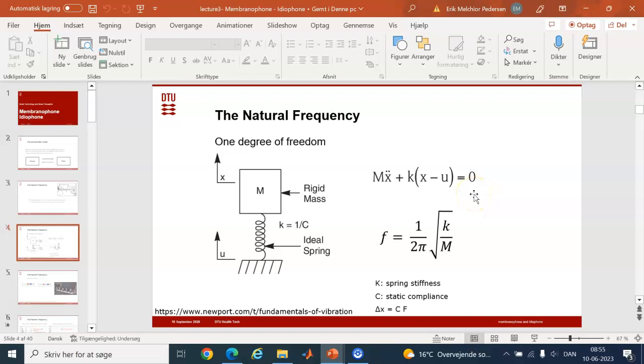And k, the spring stiffness, is 1 divided by the static compliance. And f, the natural frequency, is 1 divided by 2 pi times the square root of k divided by m.